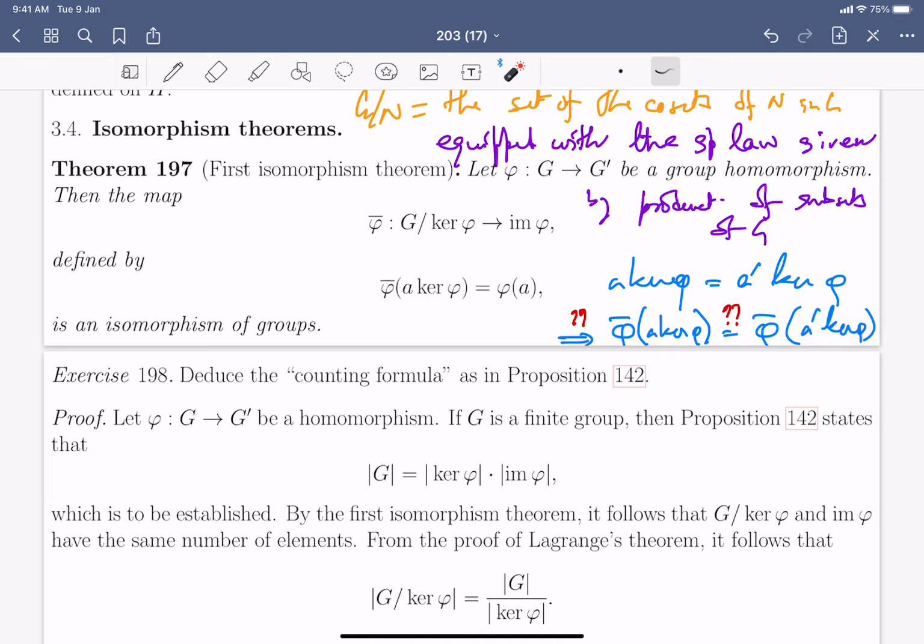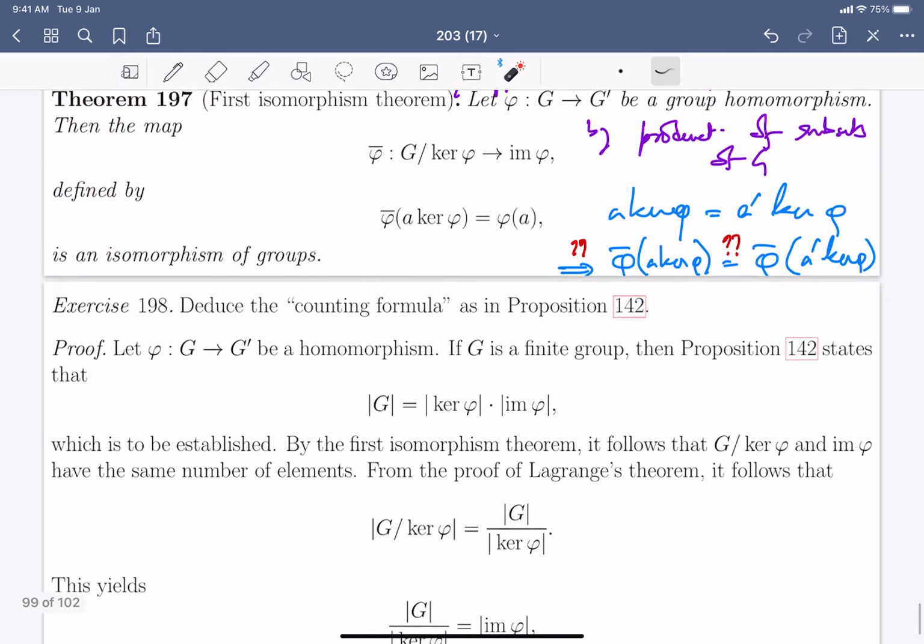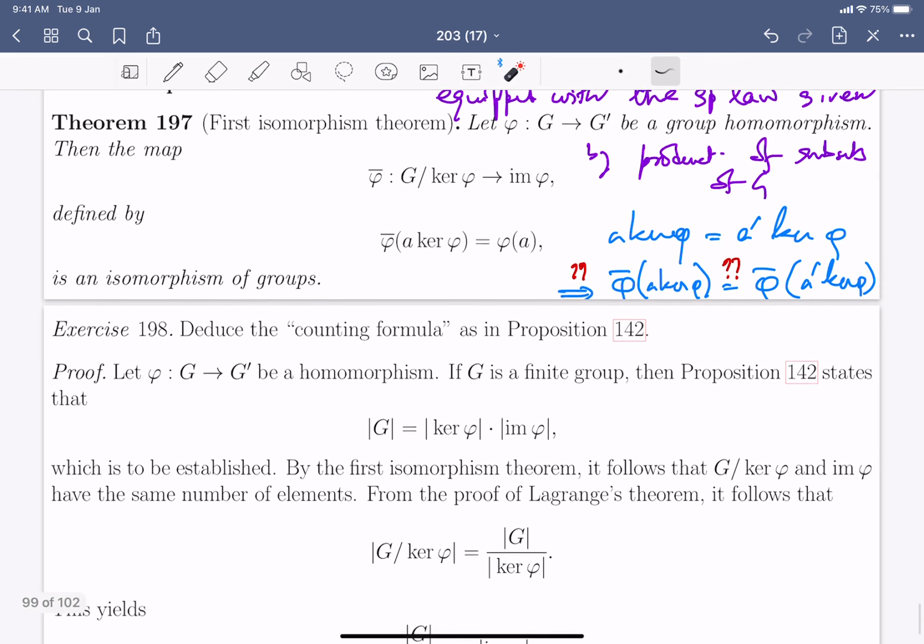If they are not the same, then of course this map is not well defined. But anyway, let's not get into it. Let's accept this theorem, or at least the statement of this theorem for this moment, and now let's try to see what we can deduce from this theorem.